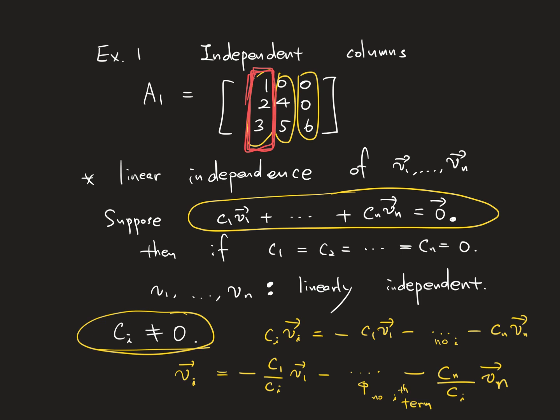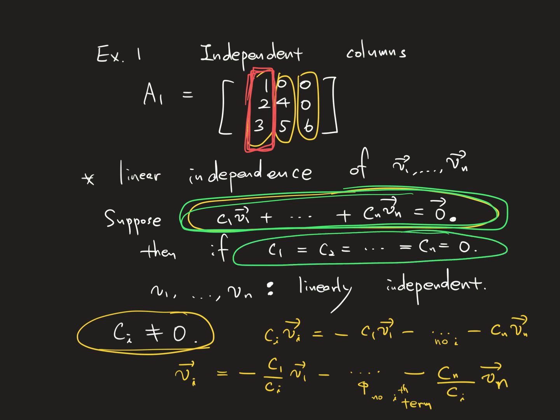So the definition says that if you assume that the linear combination of all the vectors is the 0 vector, this has a trivial solution, okay? Because if C1 through Cn are all 0, then obviously this holds. Obviously, it's true.